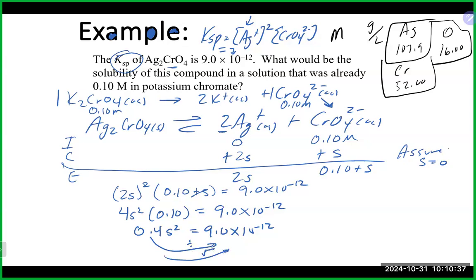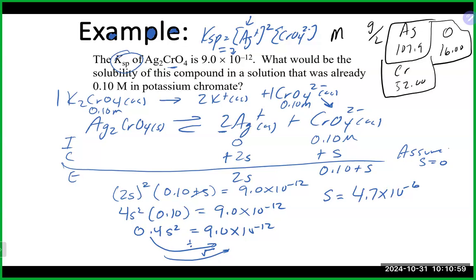Yeah, so we'll take 9 to the minus 12 divided by 0.4, a little square rootage. There it is. And we're going to get a super small number. I don't want to write two zeros, so let me try that again here. There you go. We're going to get an S of about 4.7 times 10 to the minus 6.